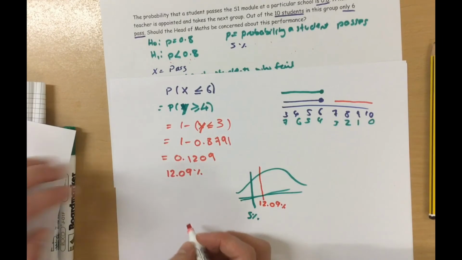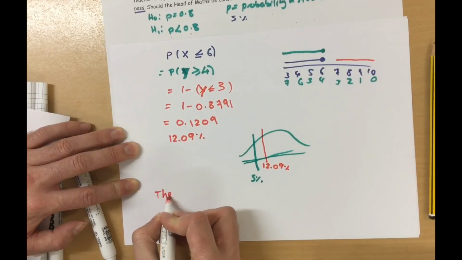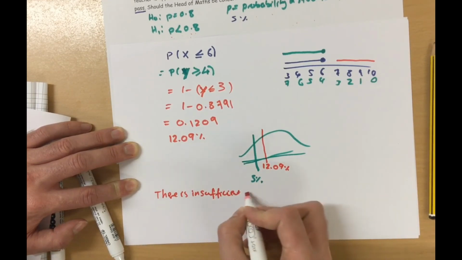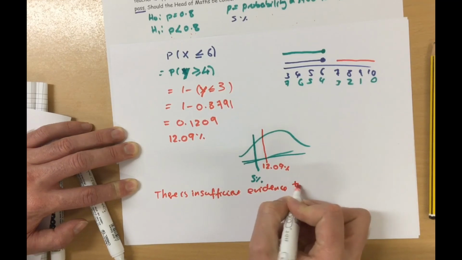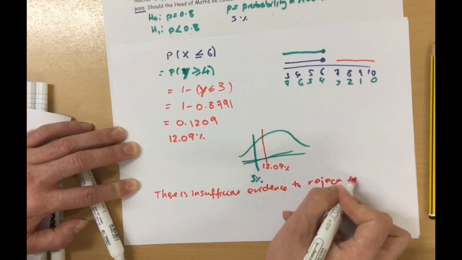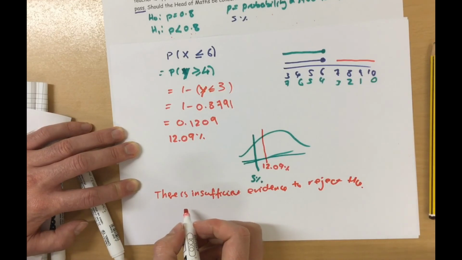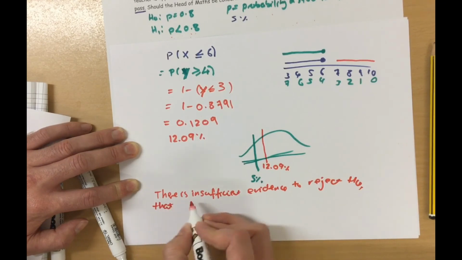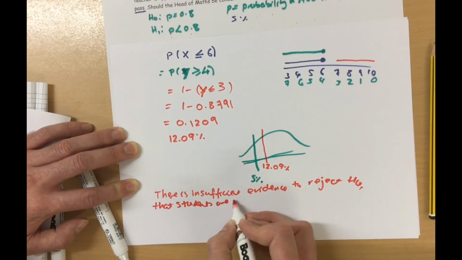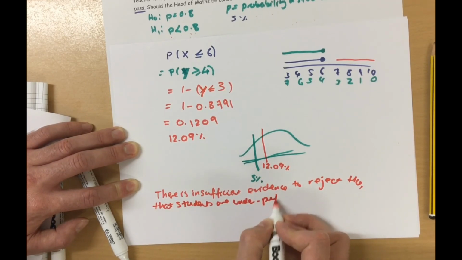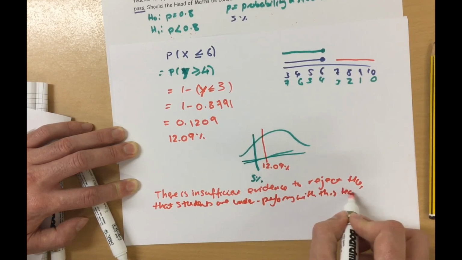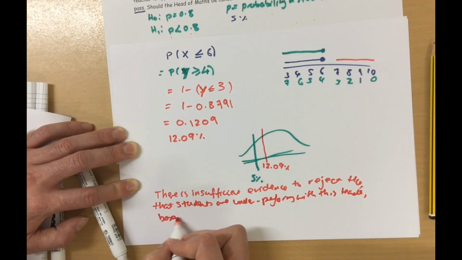So what we can say is that there is insufficient evidence to reject the null hypothesis, which is that students are not underperforming with this teacher, based on this one sample.